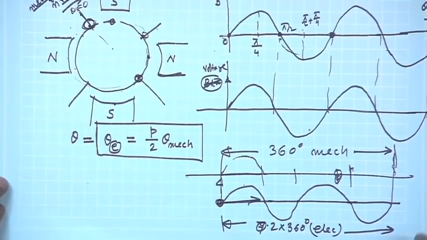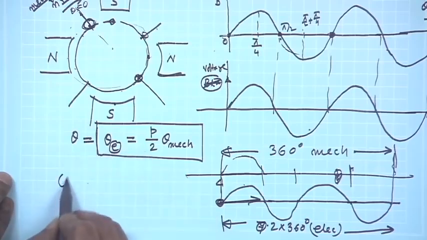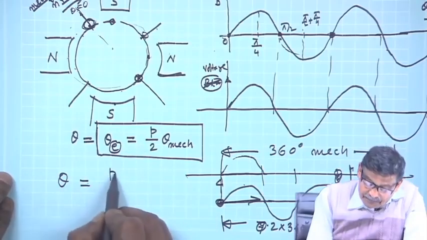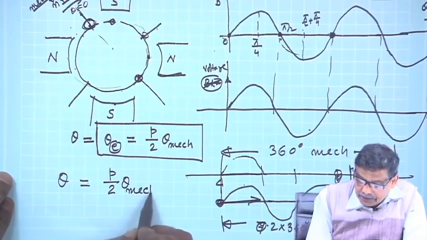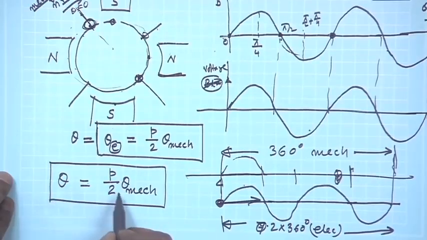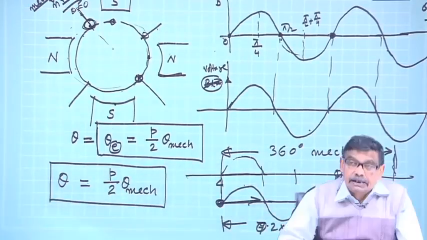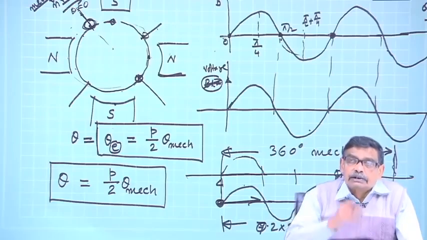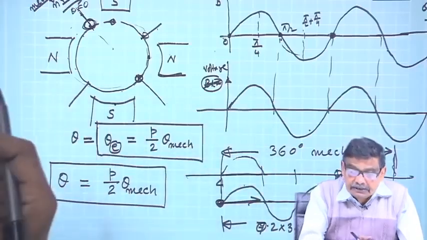Understood? So, this is very important. Electrical angle is equal to P by 2 theta mechanical, and one should not forget, if it is a 6 pole machine, it will be 3 times the mechanical. 3 cycles of EMF will be generated when the conductor moves a mechanical angle of 360 degrees.